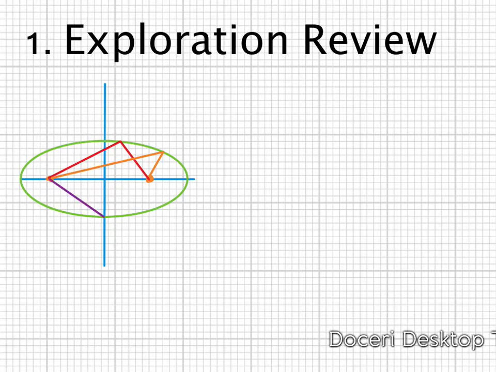Okay, the distance from the 2 foci added to the same point on my ellipse, when I add those together, will be the same all the way around the ellipse. Okay.